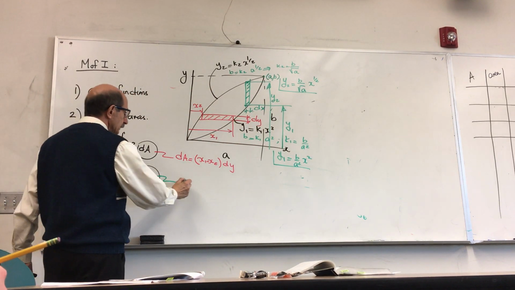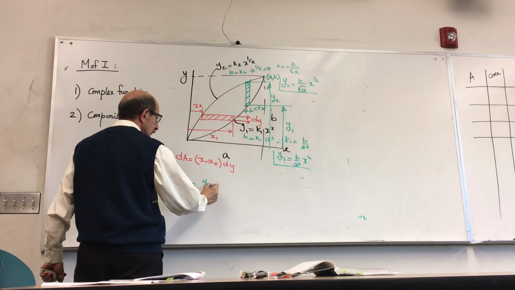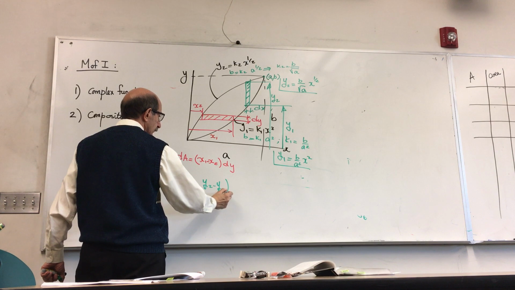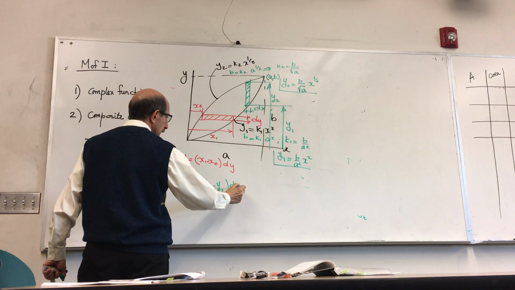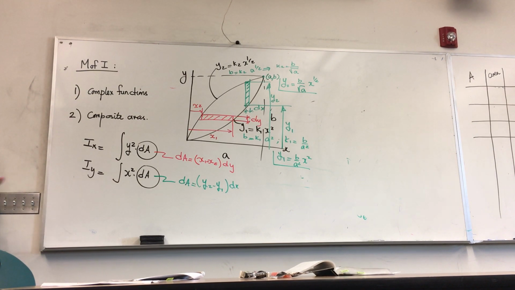So dA in this case would be y2 minus y1 times dx. Okay. That's step one for finding the moment of inertia of general shapes. So let's just start with I of x.